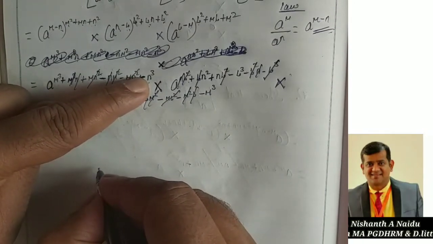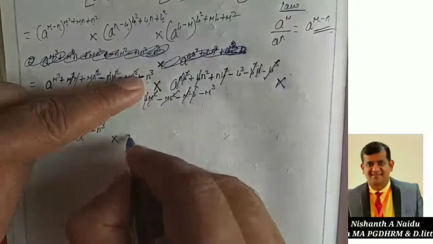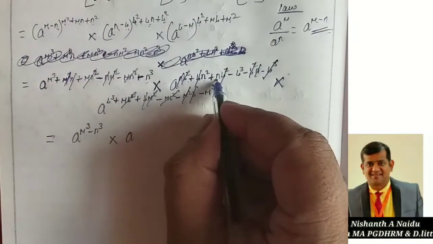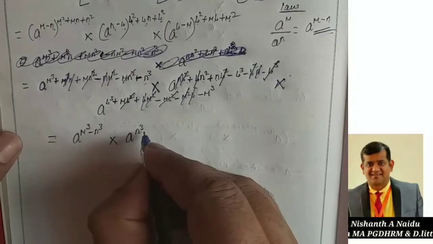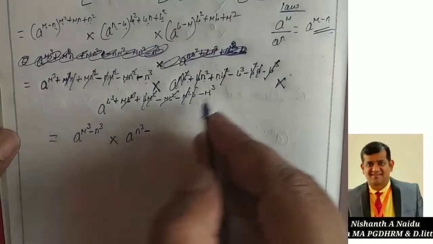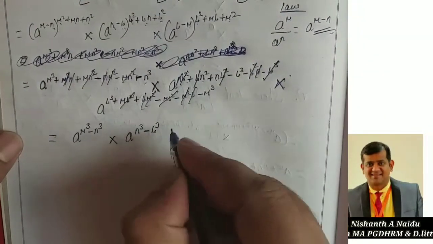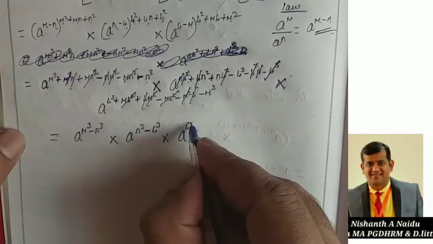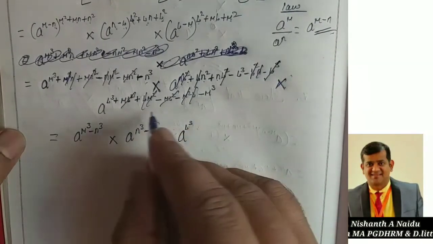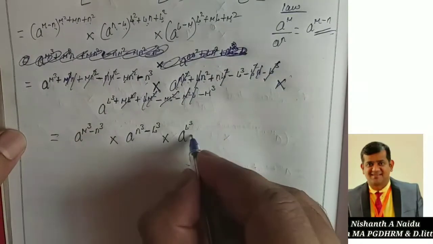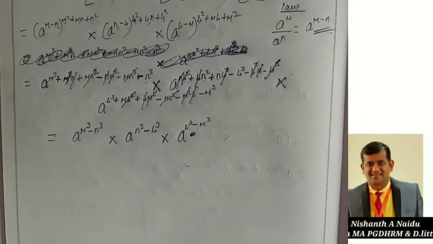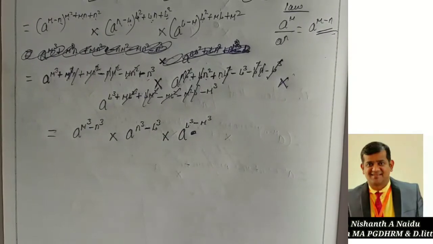Okay, so then in this section a to the power of n2 and 1n, so that becomes n to the power of 3 minus l to the power of 3, correct, into a to the power of l to the power of 3, then minus m to the power of 3. Okay, so now when bases are same, powers can be added.